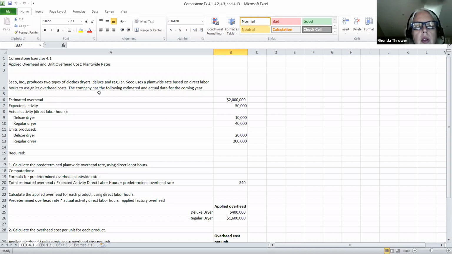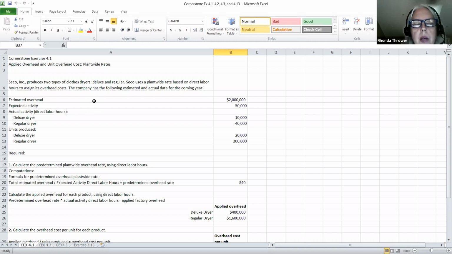It tells you that the company has the following estimated and actual data for the coming year. You might remember from Accounting 121 that we have to estimate the amount of the factory overhead so management can make timely decisions based on this information.